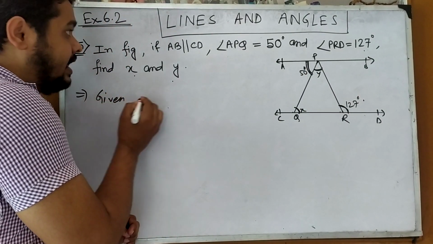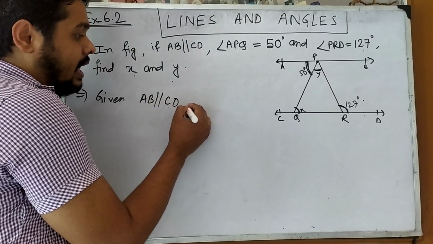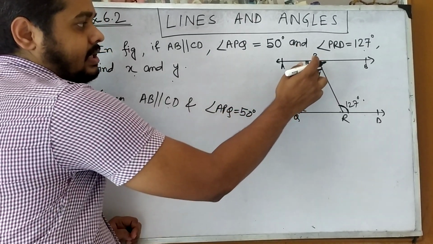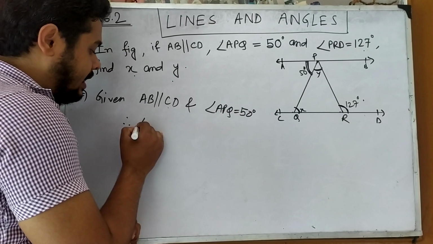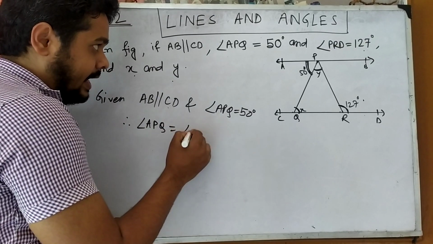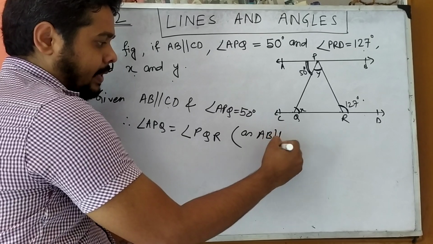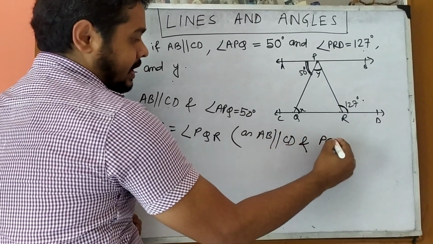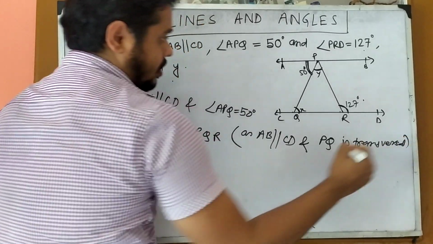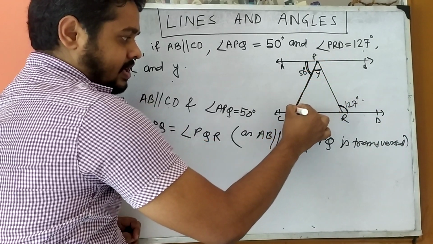Now what is our given? Given is AB parallel to CD and angle APQ equals 50 degrees. Therefore, angle APQ equals angle PQR, as AB is parallel to CD and PQ is the transversal.